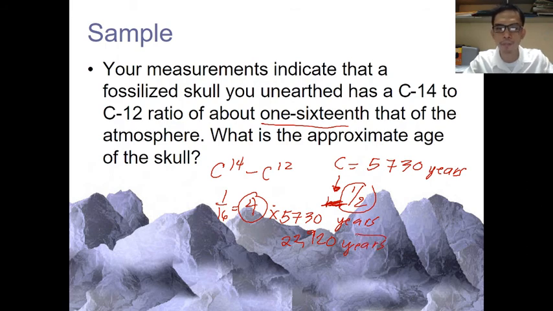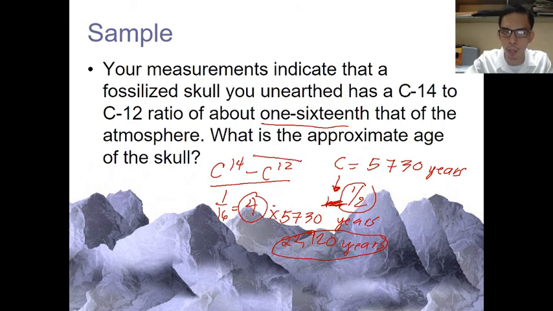So meaning to say, it took 22,920 years for the carbon to become carbon-12. So this is its half-life, 4 years.